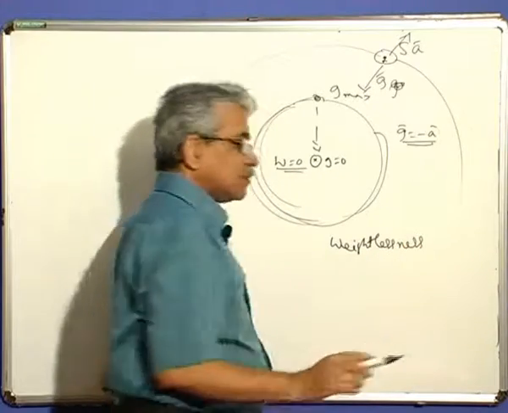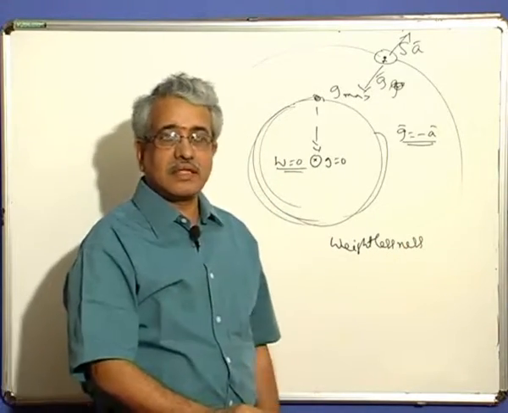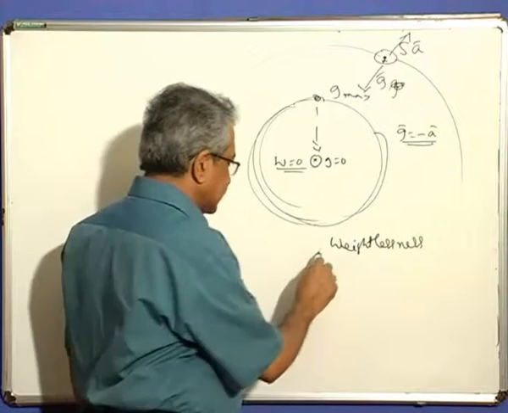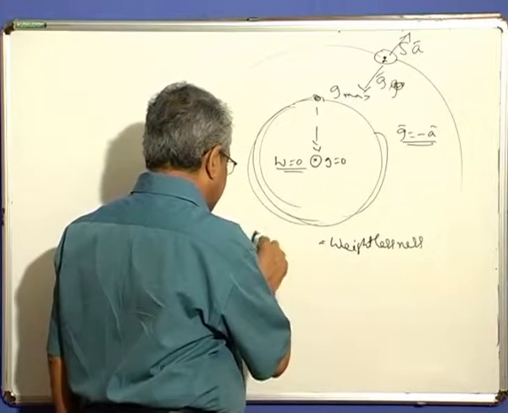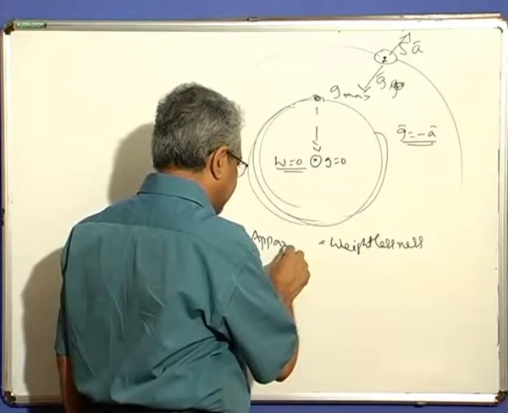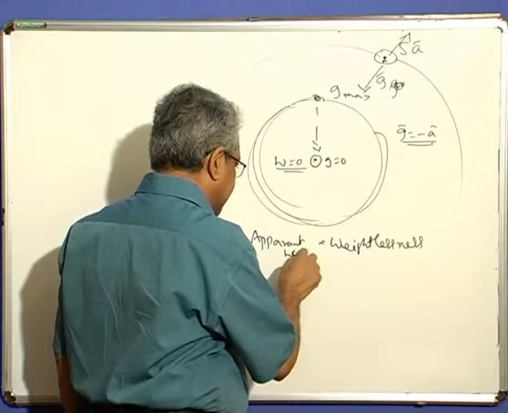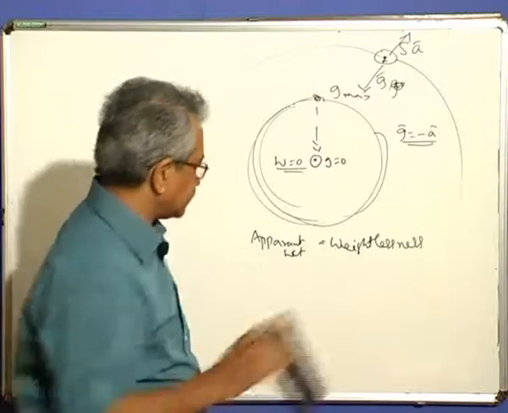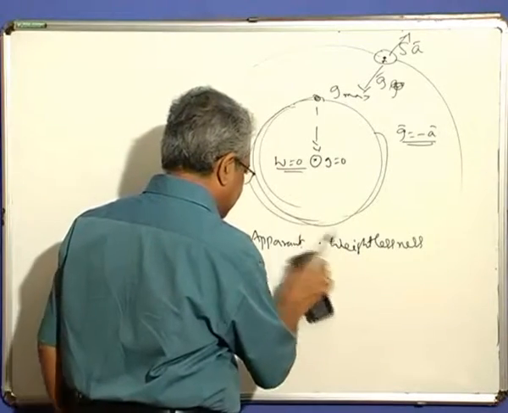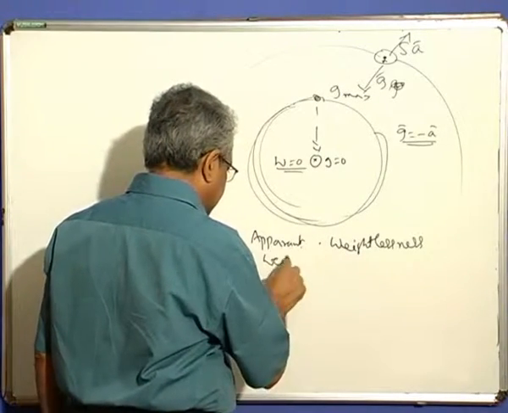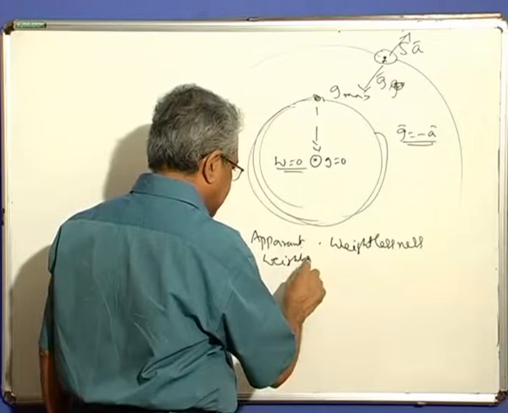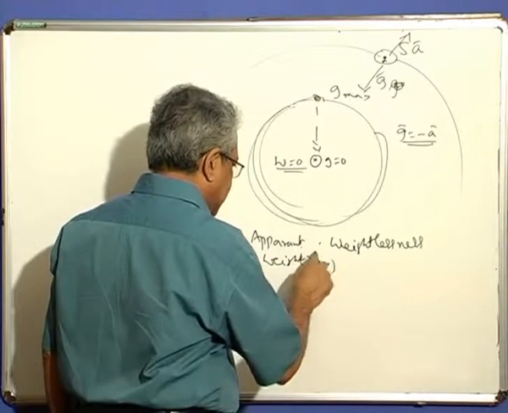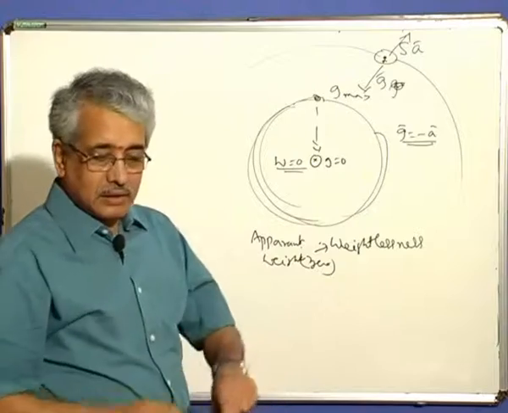Weightlessness is not actually being weightless. It is a feeling of weightlessness, and that's what we call apparent weight. Apparent weight there is 0. We say apparent weight is 0, and then we call it weightlessness.